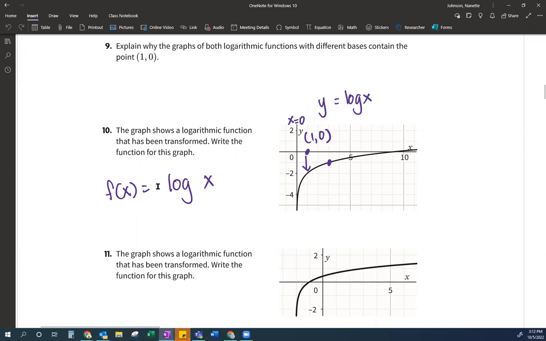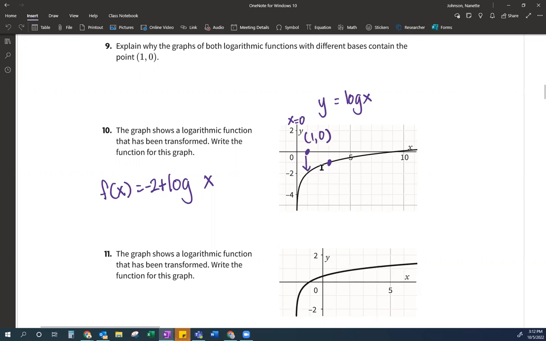I'm going to write it like this: -2 plus log of x. So -2 plus. I don't want to do 2 minus because the 2 needs to go down 2. And if you do 2 minus, that 2 is positive, so it'll go up 2. So down 2, very good.